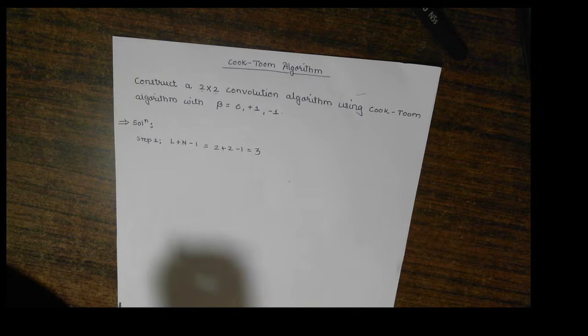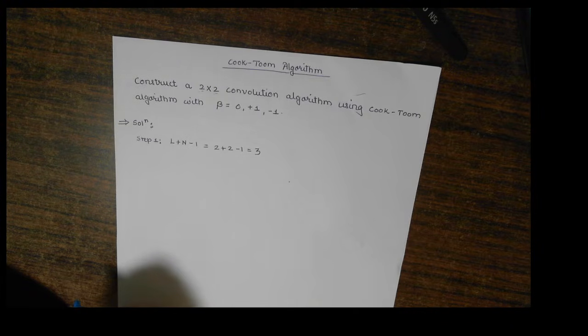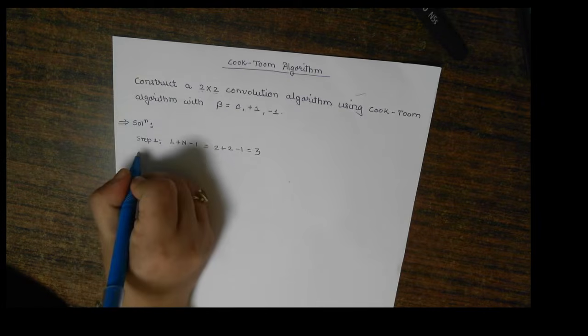Therefore, we need to have 3 values of betas. In this numerical, we have been given 3 values of beta as 0, plus 1, minus 1. But if the values are not given to us, in that case we may assume 3 values. So let us call each value as beta 0, beta 1 and beta 2. Let us move towards step 2.